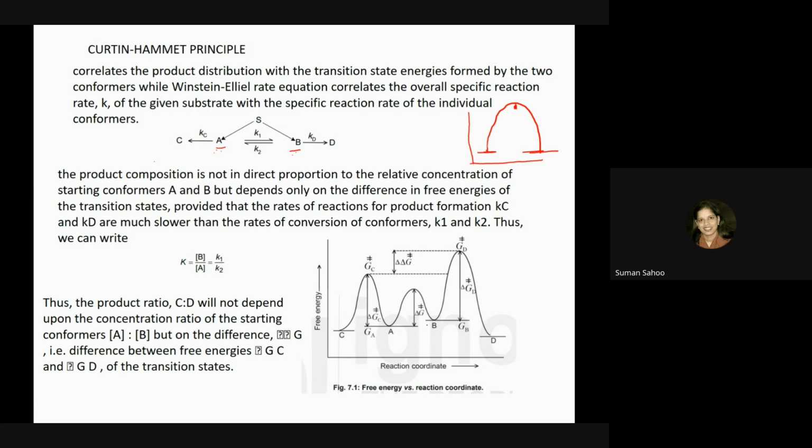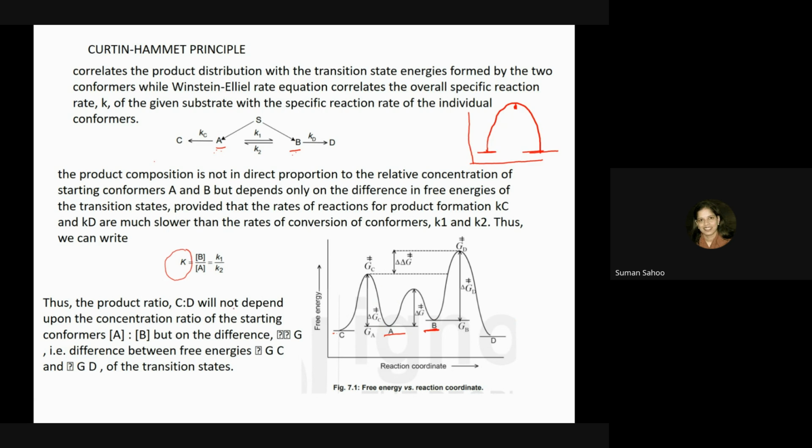For example, this is our conformer A and this is our conformer B. Going from A to B needs one transition energy, A to C goes through a transition energy, and B to D also goes through a transition energy. So the product composition formed depends on the difference in free energies of the transition states. We can write the overall equilibrium constant as K1 by K2.